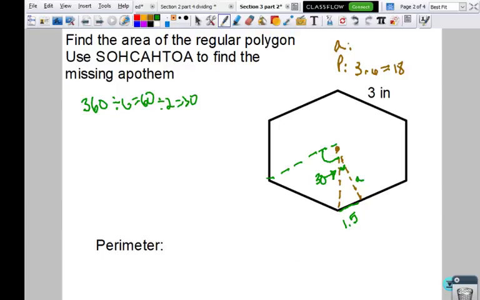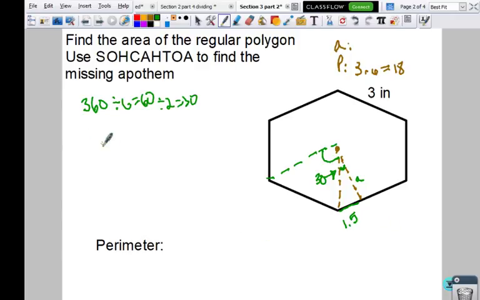And I've got a triangle set up now that I can use my sine, cosine, or tangent on. Because I have an angle up here on top, I have a side, and my apothem right here is the side I'm going to find. And every time we're going to do it today, we are going to use tangent.